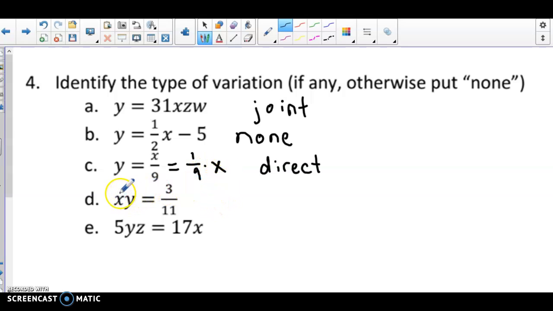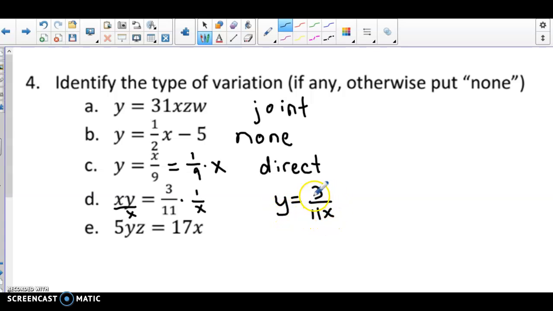Okay, for D, we're going to have to move some things around because this is not in the form of any of our equations like we had before. So I want to get y by itself. I'm going to divide both sides by x. Or that's the same thing as multiplying by 1 over x. So I end up with y equals 3 over 11 times x.